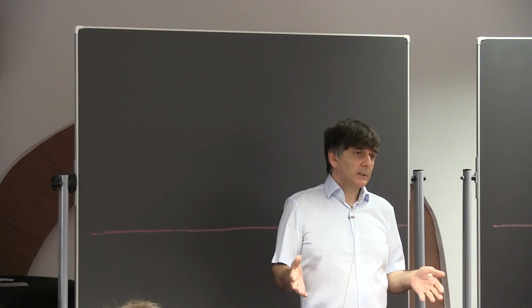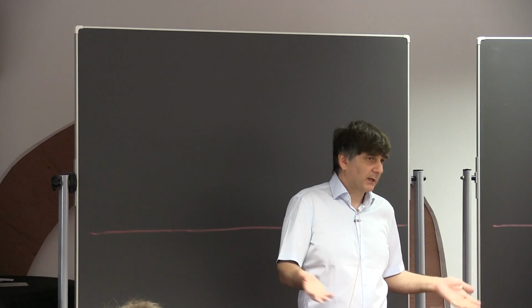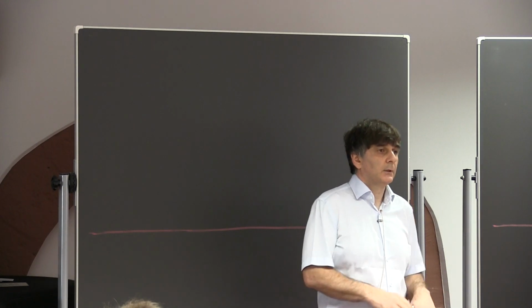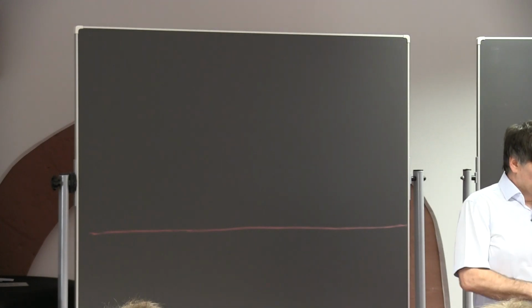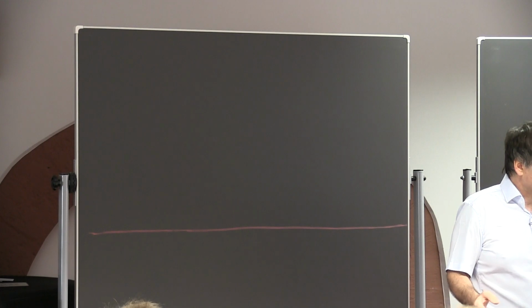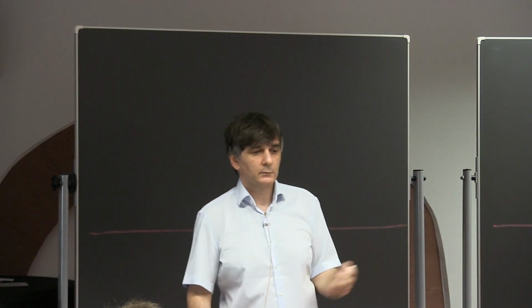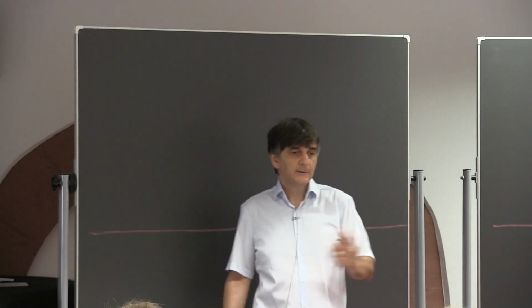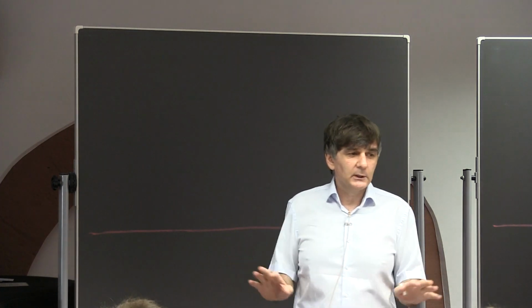But at distances shorter than the QCD length scale, approximately 10 to the minus 14 centimeters, they are no longer good degrees of freedom. So we have to go to a new description in terms of quarks and gluons, and so on. All the time we constantly try to identify degrees of freedom.